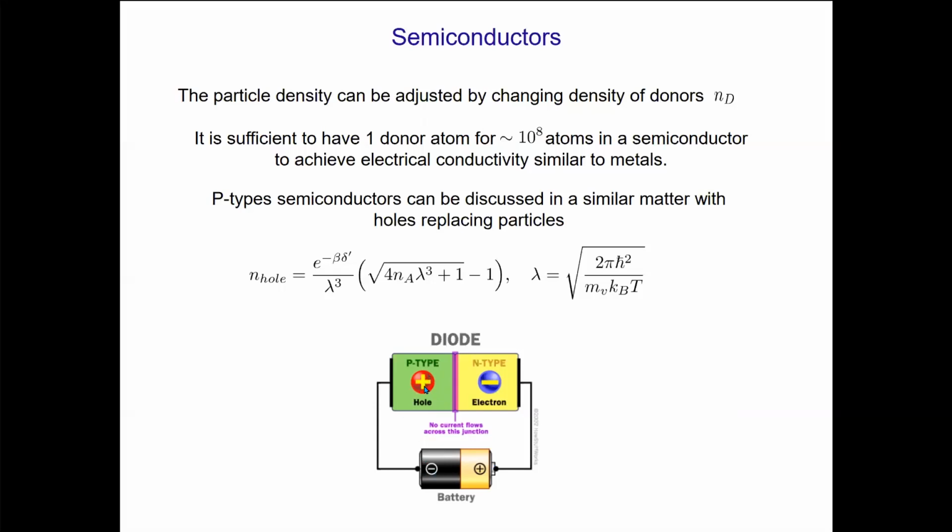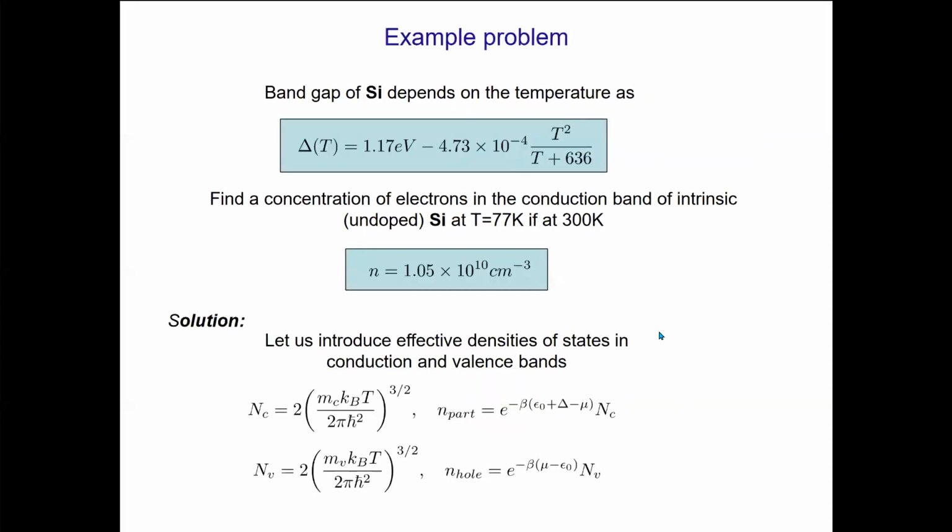If you now connect P and N and another P here, or the other way around, N-P-N, you get transistors. And you know that transistors play the main role in all electronic devices. Okay, example problem. Consider the band gap of silicon, and it's known that it depends on temperature.